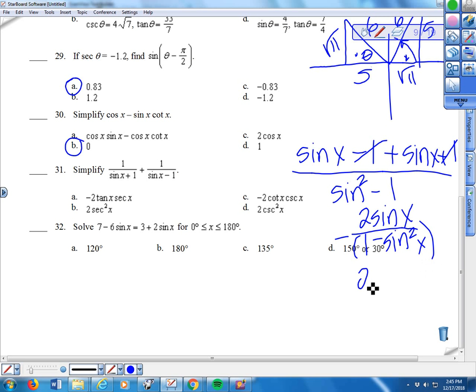So I have 2 sine x over negative cosine squared, which is negative 2 tangent secant. That makes sense? Because sine over cosine is tangent, and then I have an extra 1 over cosine, which is secant, and I have a negative 2 in front.